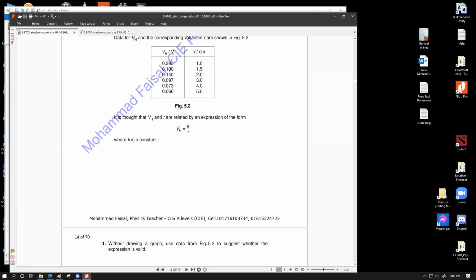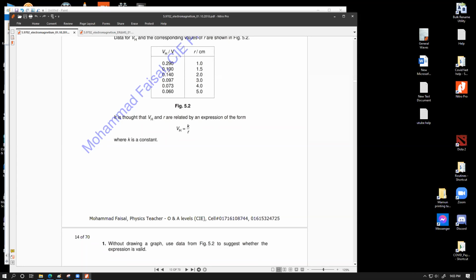So you take multiple values from here. You could do the first one, the middle one, and the last one. You could choose any 3 values and multiply them and see if you get a single value that is close to each other. If you do any of these, you're going to get around 0.3. For example, I can see over here 0.290 into 1 gives you 0.29.